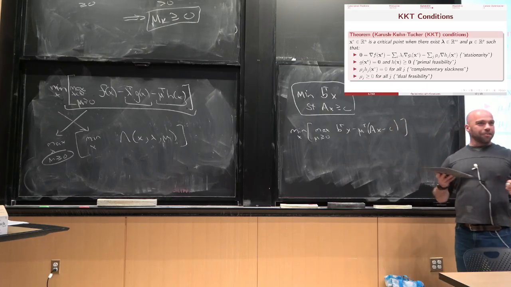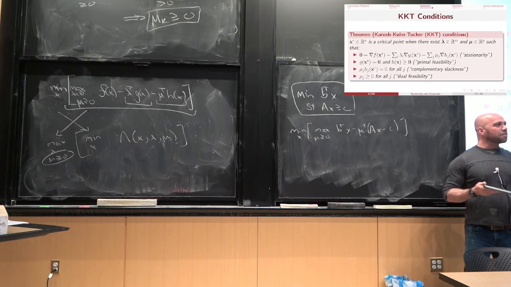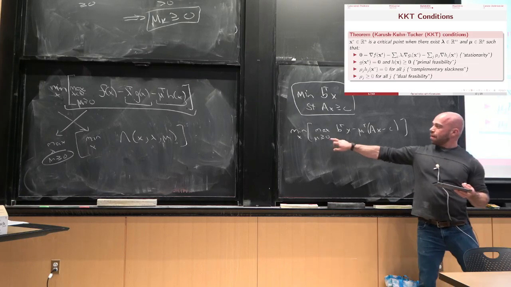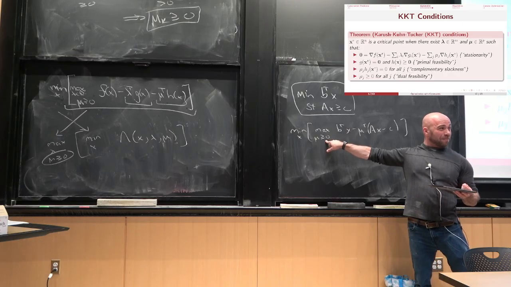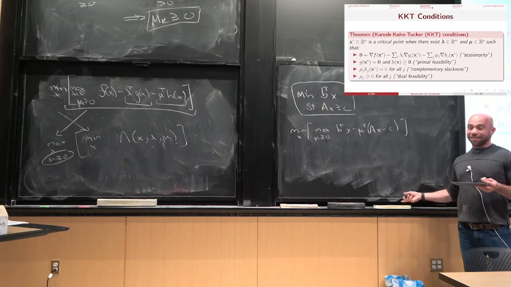Everybody agree this is our Lagrangian? By the way, this is also a totally reasonable way to derive KKT conditions just by hand on an exam. It's pretty efficient. And it's a good way to remember the sign: it's whichever one blows up the constraint. These are all typical mistakes.